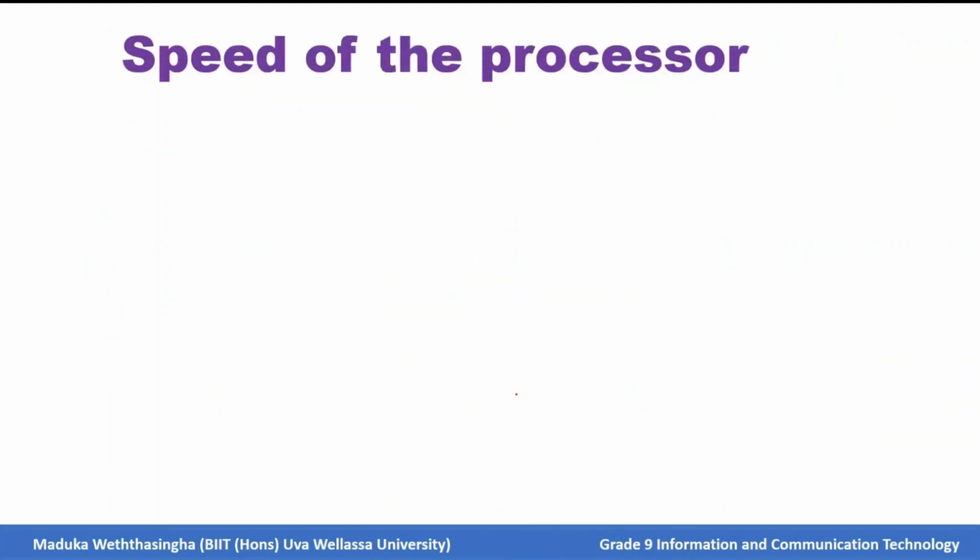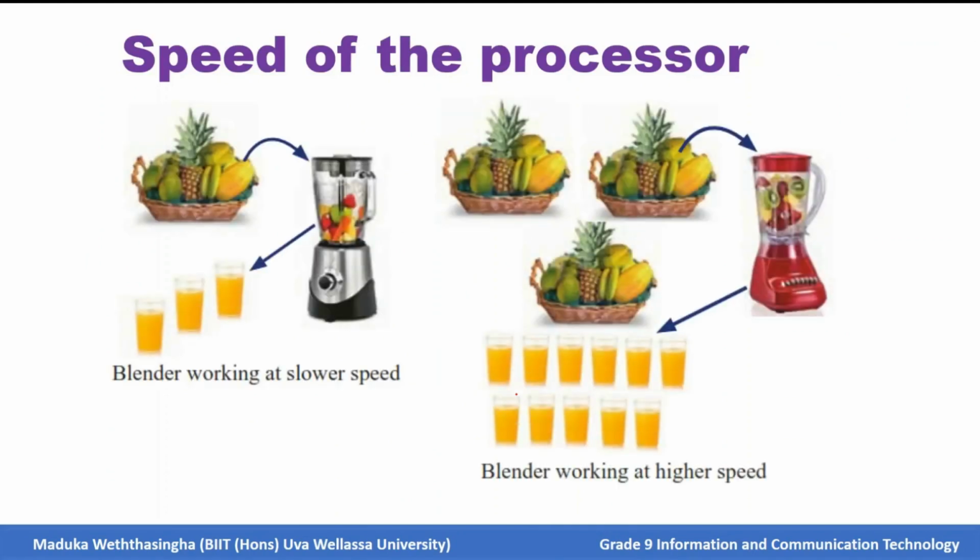Let's learn about the speed of the processor. Here you can see a blender, right? Let's think about the first one. The blender is working at slow speed. So at a given time, using one fruit basket, it can produce 3 juice cups.